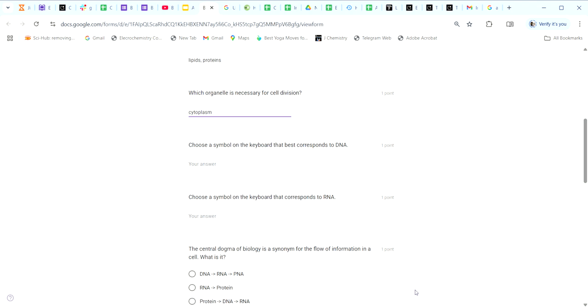DNA's gene. So, what should be the symbol? Symbol means, yes, that should be given.